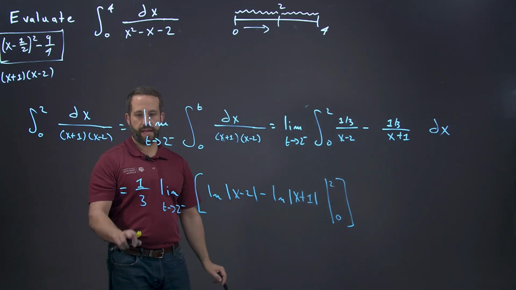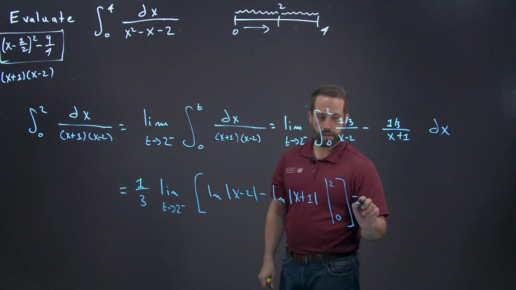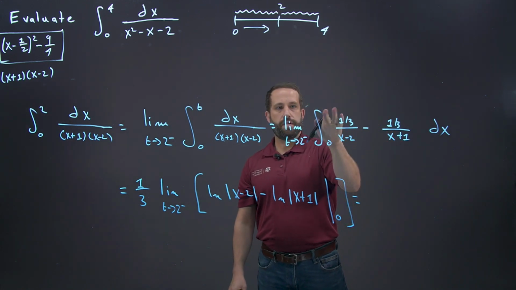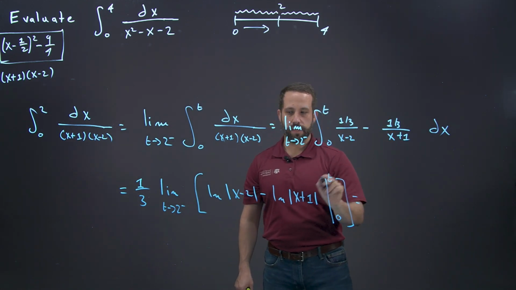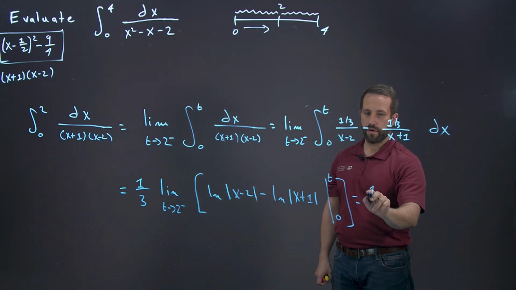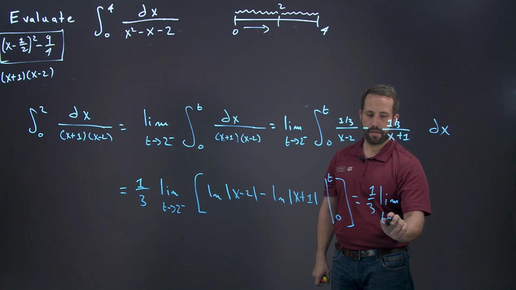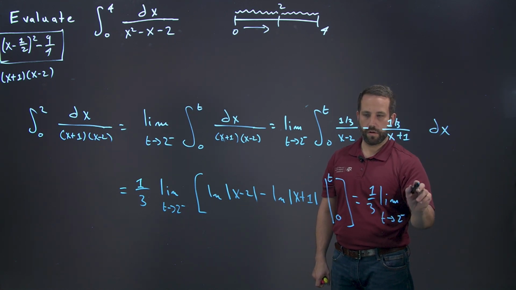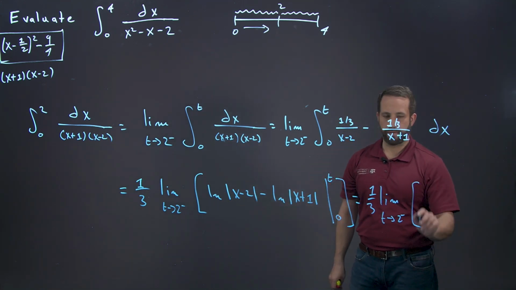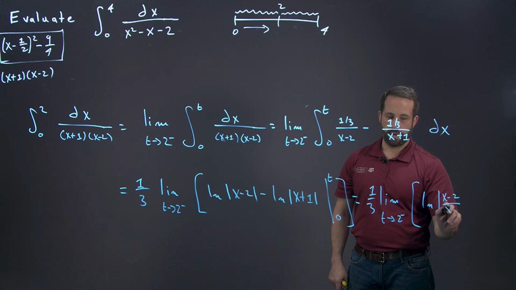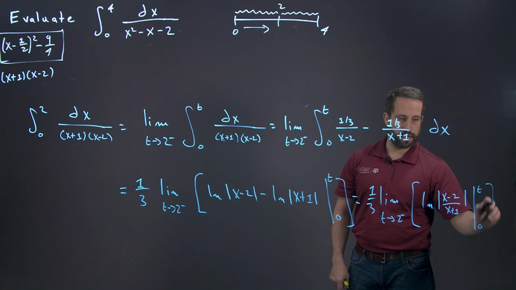Sorry, not 0 to 2. That should be a t, and this should be a t. So this is equal to 1/3 times the limit as t goes to 2. I can use properties of logs here. So this is the natural log of the absolute value of x minus 2 over x plus 1, going from 0 to t.